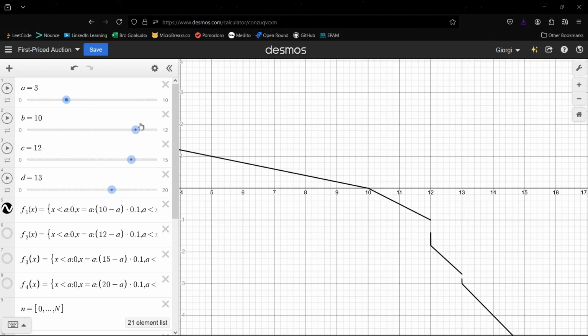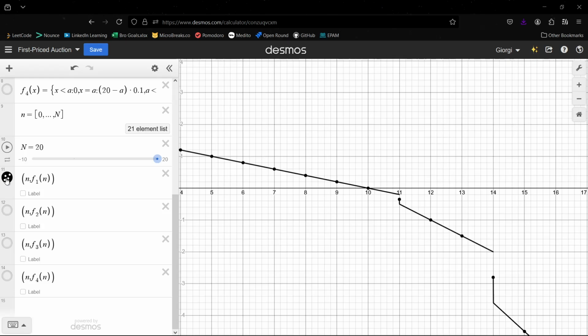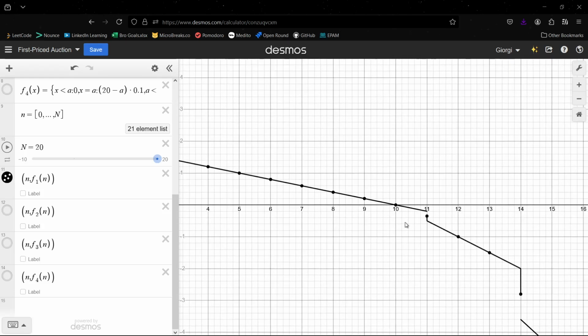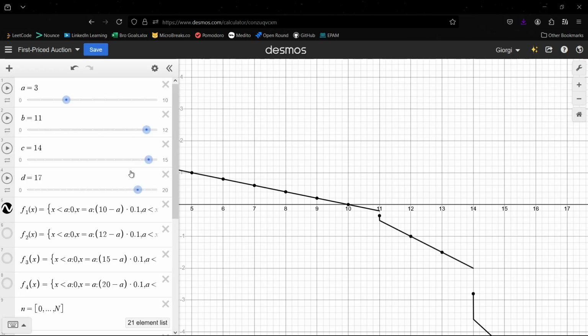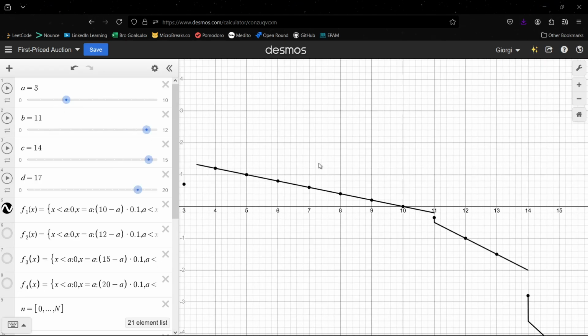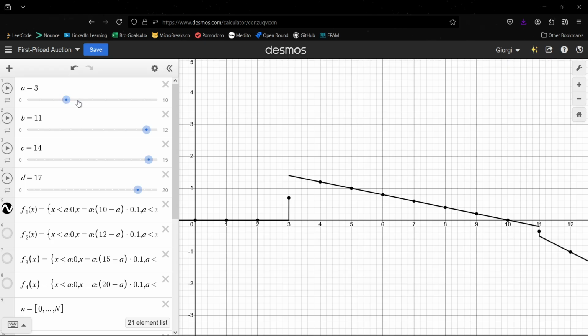So let's just choose some random numbers, and I can highlight the points where the bids are integers. So for example, 3. So let's say player 1 is bidding 3. Well, both players are bidding 3. So in this case, the payoff is 0.7 for both bidders.